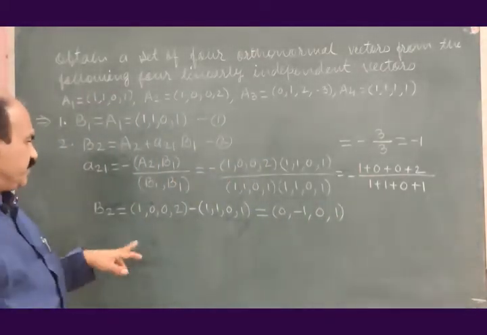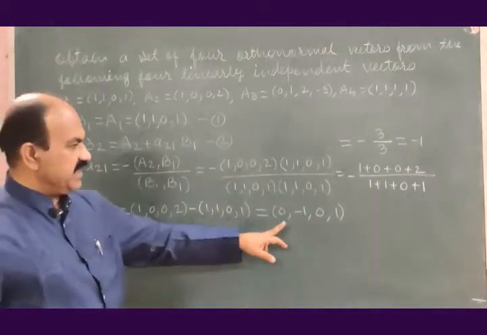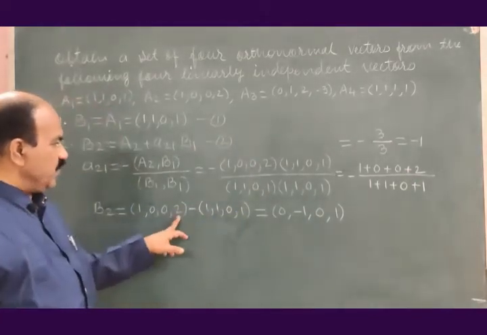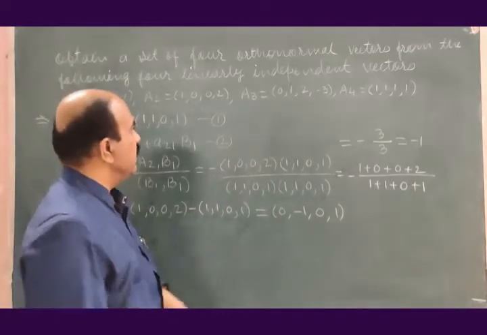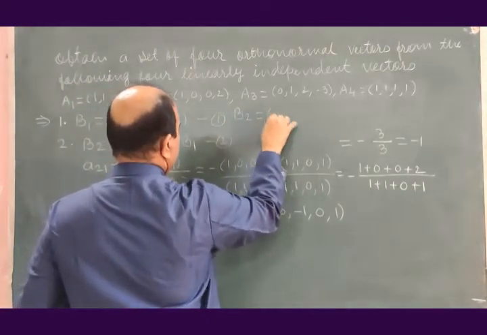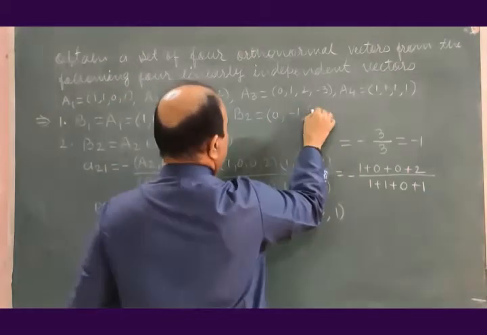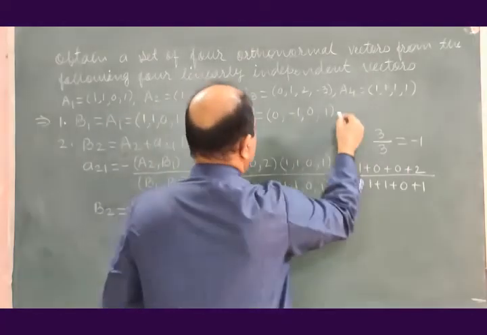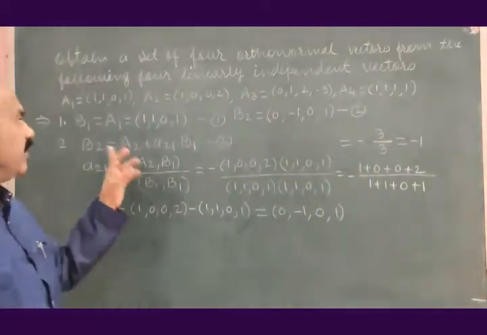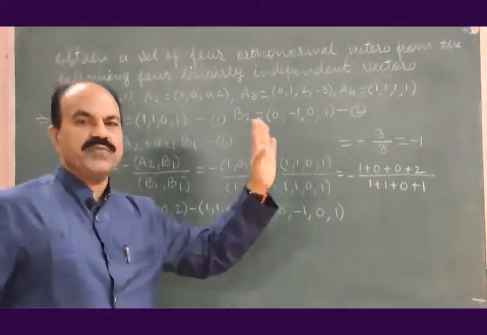Let us verify once more. 1 minus 1 is 0, 0 minus 1 is minus 1, 0 minus 0 is 0, 2 minus 1 is 1, and so we got B2 is equal to (0, -1, 0, 1). Equation number, let me write this as 2. B1 is found in equation 1, B2 is found in equation 2 with this procedure.